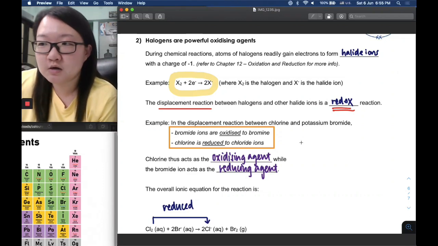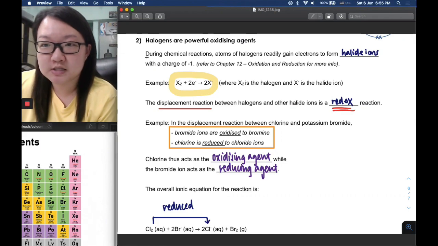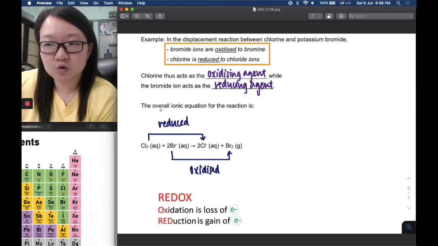Okay, so for now, really, this is the portion that you need to understand, which is very closely linked to atomic structure as well as chemical bonding. Okay, just to show you the overall ionic equation for this reaction, which eventually you also learn, right? Now you learn chemical equations.